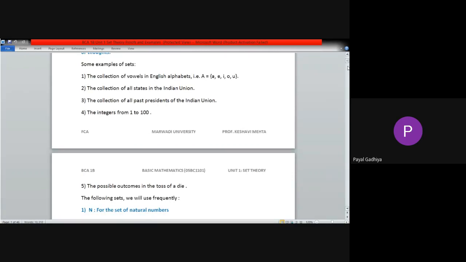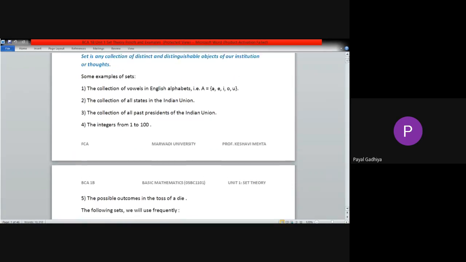Now, before going to the next topic, let us see how we can represent a set. To represent a set, we use curly brackets. Actually, we have to use curly brackets. So I am writing this set in the chat box: 1, 2.